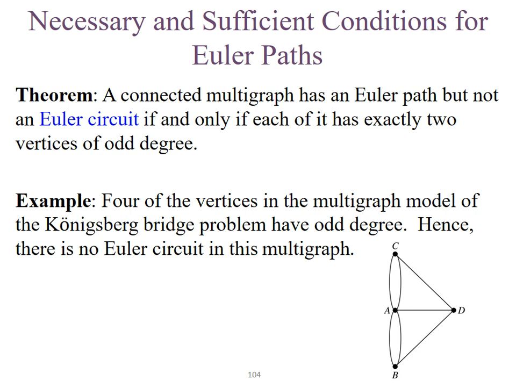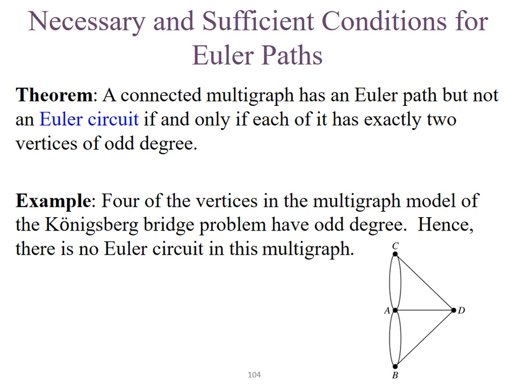Okay, so next let's see the necessary and sufficient condition for Euler paths. A connected multigraph has Euler paths but not an Euler circuit if and only if it has exactly 2 vertices of odd degree.